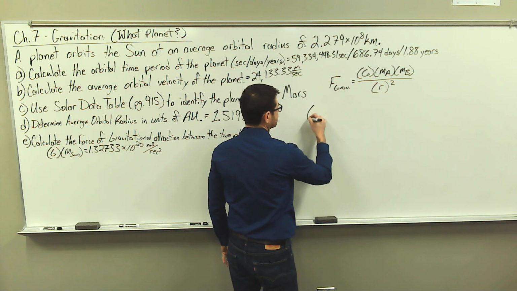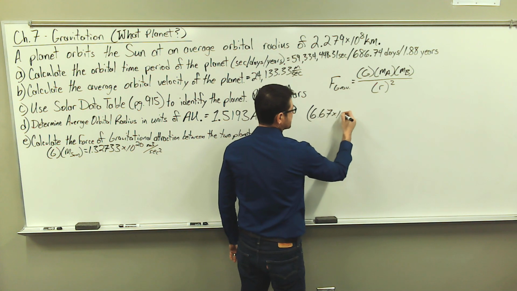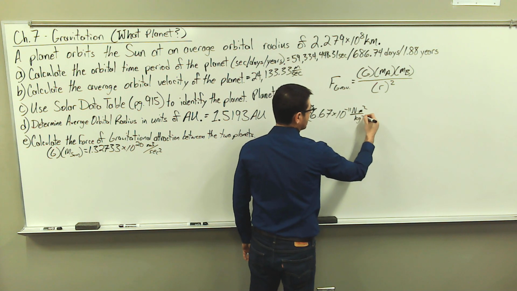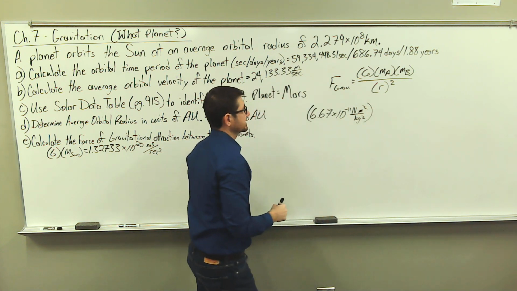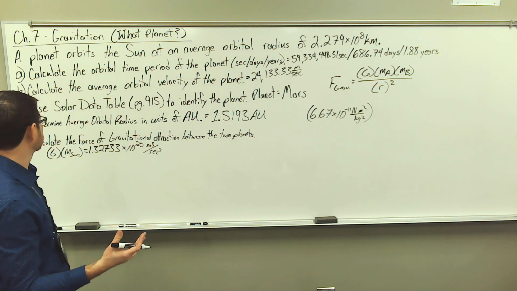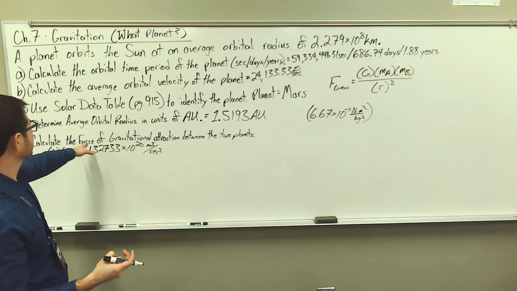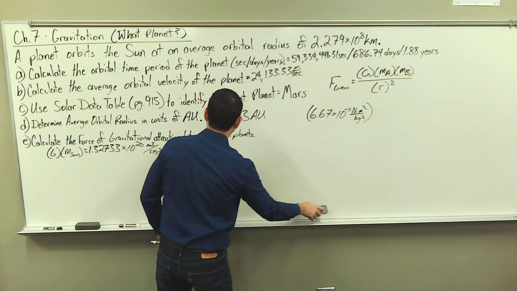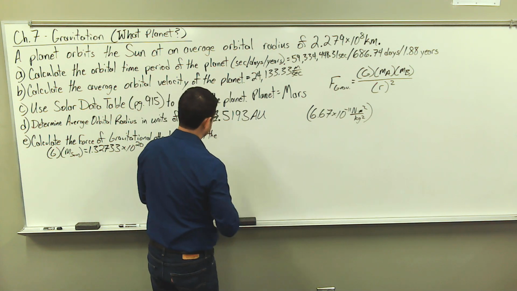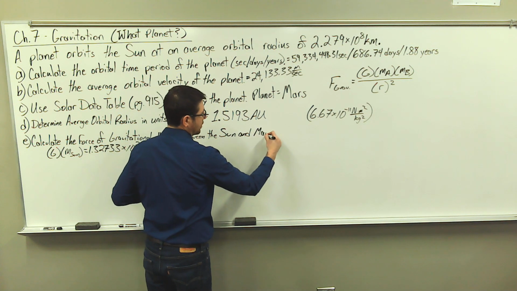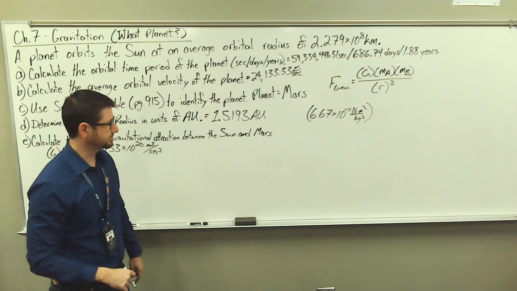So in my numerator, I have 6.67 times 10 to the negative 11th newton meters squared per kilogram squared. Mass A, so remember this is between the sun and the planet. So calculate the force of gravitational attraction between, I should say, the sun and Mars, since we know it's Mars now.